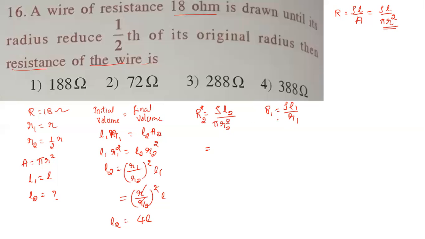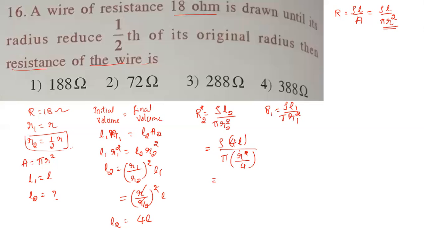Now inserting the values: rho as it is, L2 is 4 times L, divided by pi, and R2 is half of initial, so it becomes R square by 4.